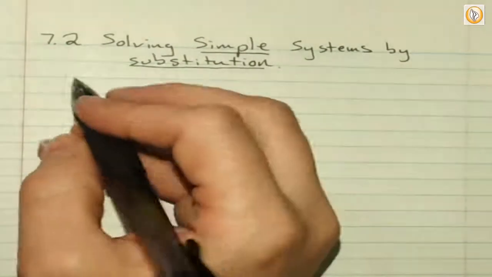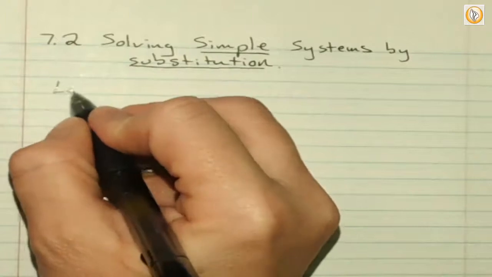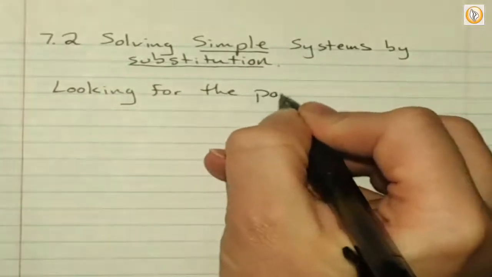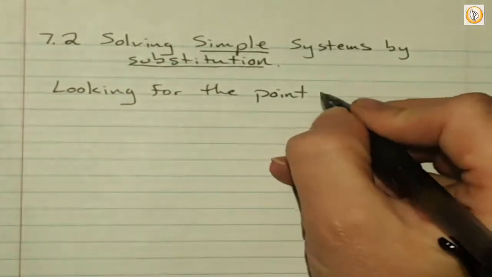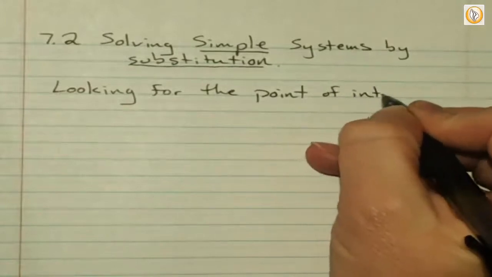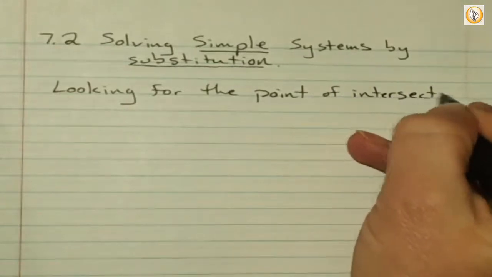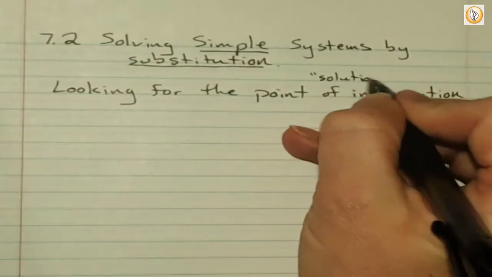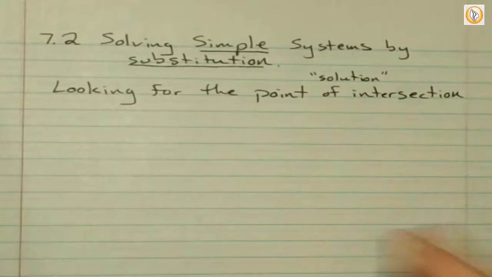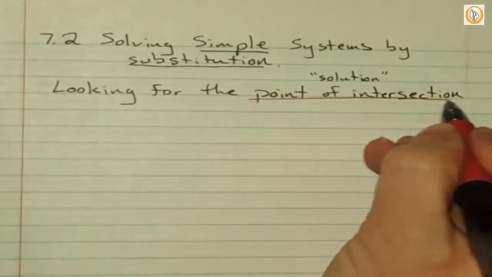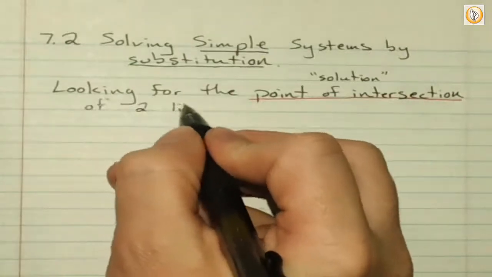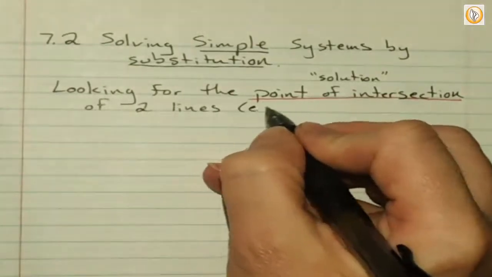All right, so by substitution, here we go, lots of words. You're looking for the point of intersection, just like we did yesterday. That's your solution, your answer, of two lines, and those two lines are your equations.